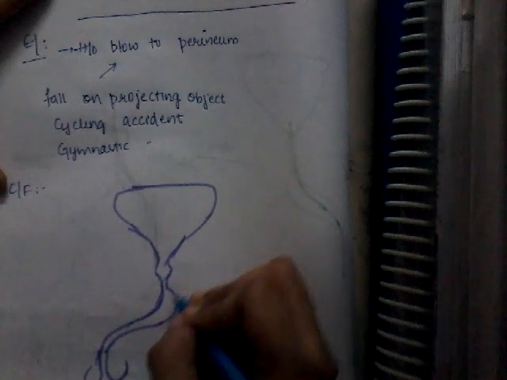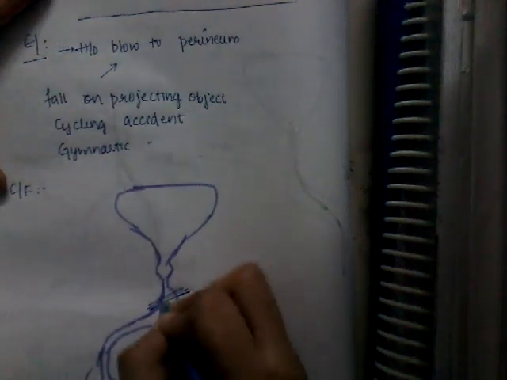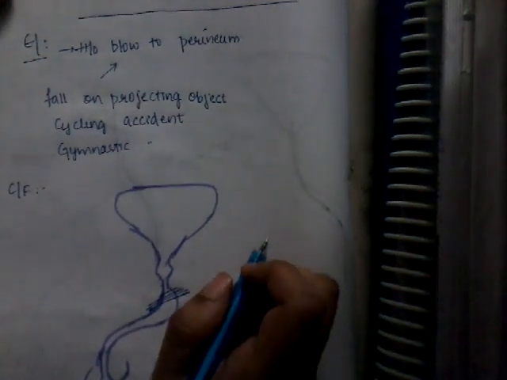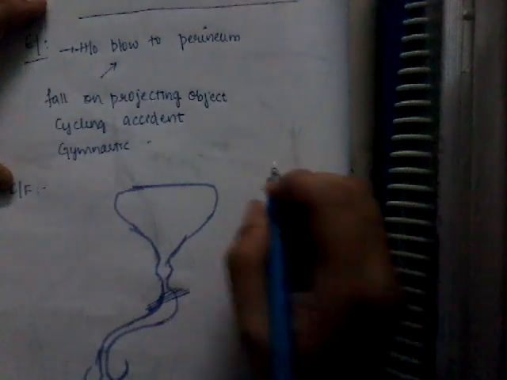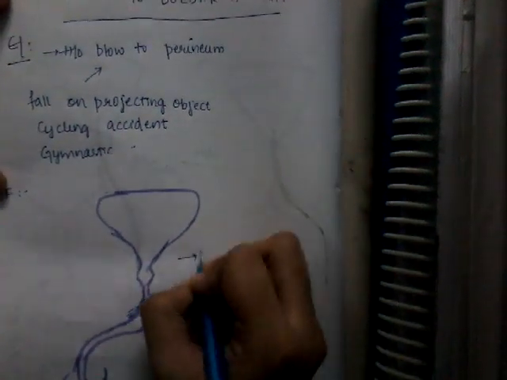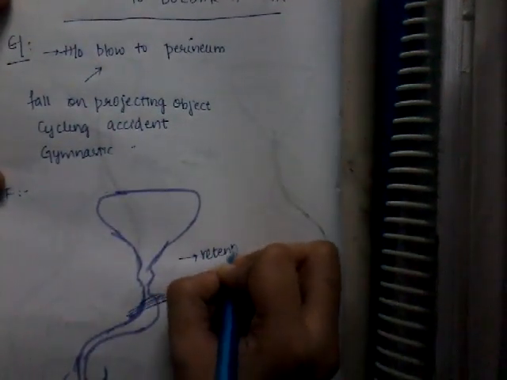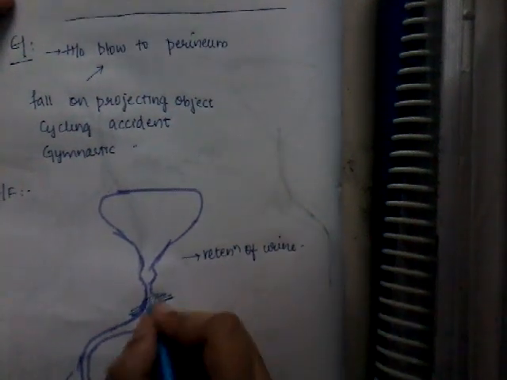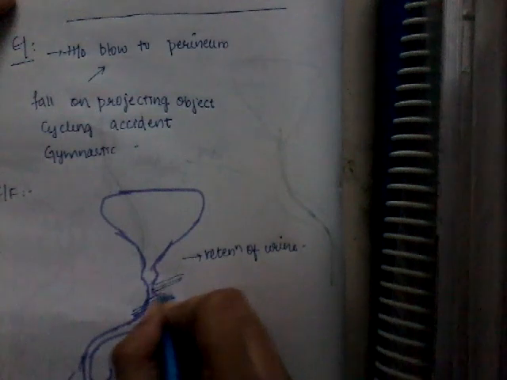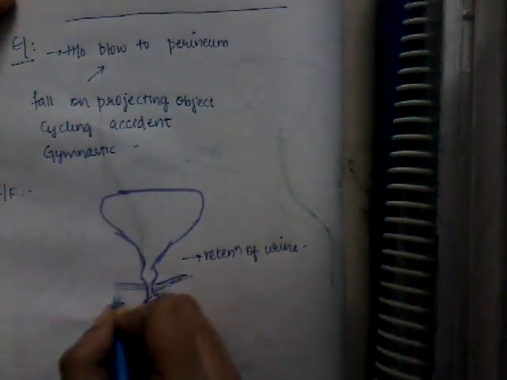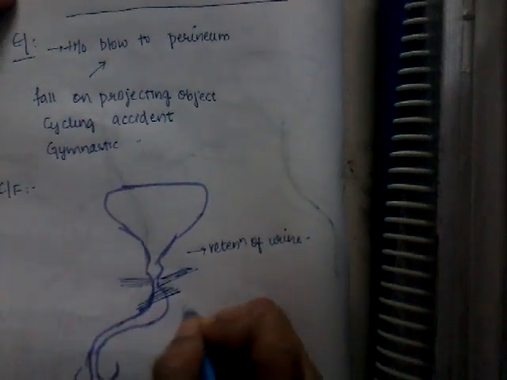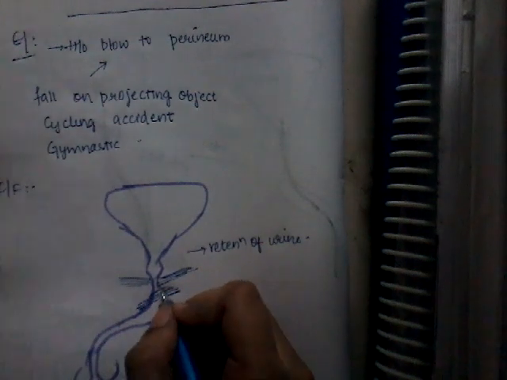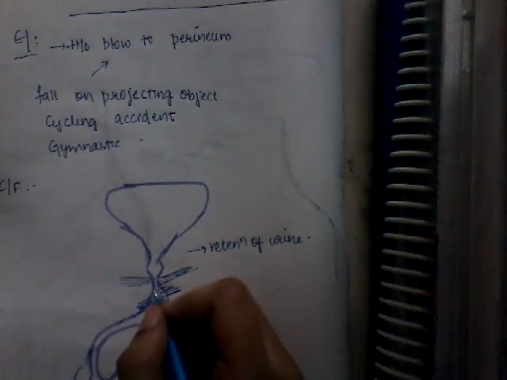So there is transection here. So number 1, there will be retention of urine. The urine does not pass, because there is an external sphincter here, and the external sphincter will be taut. So there is retention of urine.